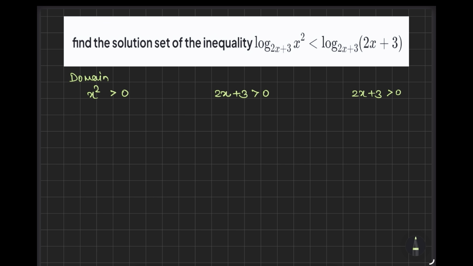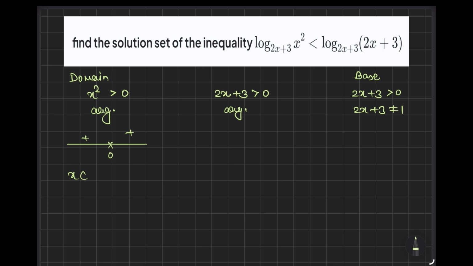And now it is talking about the base, and 2x plus 3 not equal to 1. This is your base. Okay? This is your argument. So first focus over here. Now you know that x square is greater than 0, so its root is 0, plus plus.